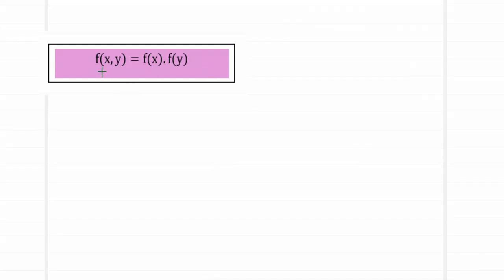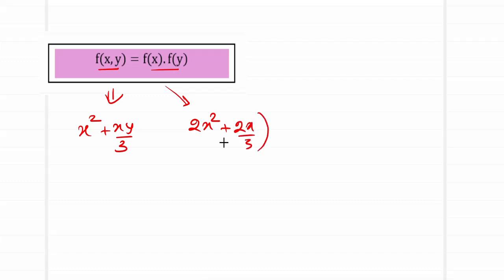The condition for them to be independent is that f of x comma y can be written as the product of f of x and f of y. We know the given joint density function is x square plus xy divided by 3. We have estimated f of x, which is 2x square plus 2x divided by 3, and we just now estimated f of y also, which is 1 by 3 plus y by 6.